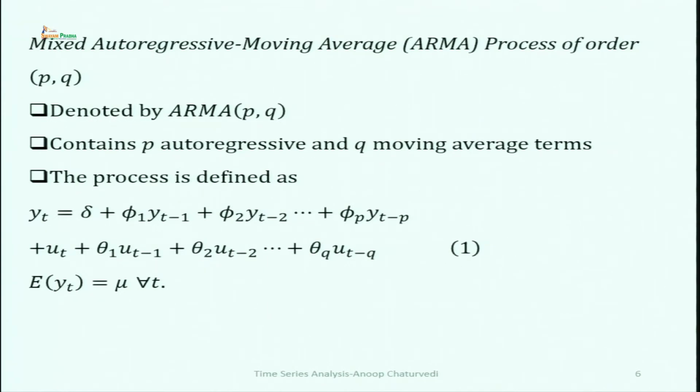We denote it by the ARMA p, q process. AR means it has autoregressive terms, and the order of the autoregressive term is p, and then it has moving average terms of order q. So, it contains p autoregressive and q moving average terms.